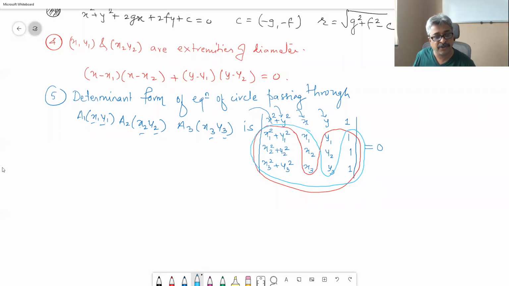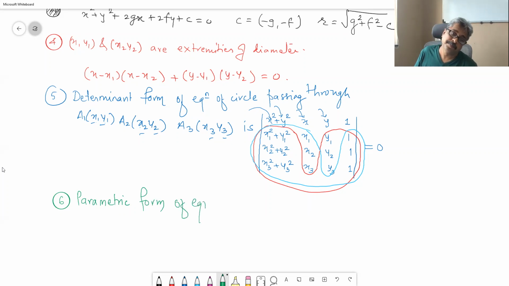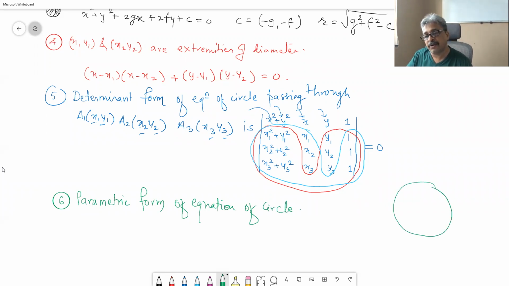Parametric form of equation of circle. First of all, let us see how to find the circle if the center is at the origin. Draw a ray.